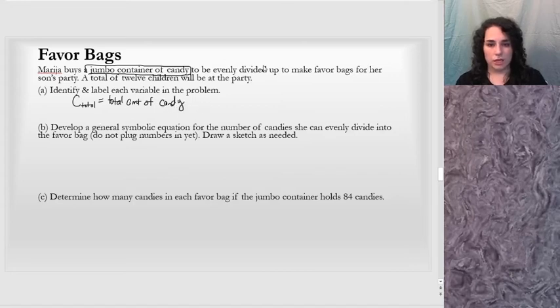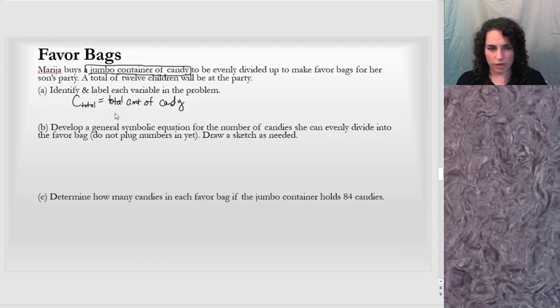And it's to be evenly divided up to make favor bags for her son's party. So we're going to have candies and favor bags. It says a total of 12 children will be at the party. So it seems like the number of favor bags will be 12, right?